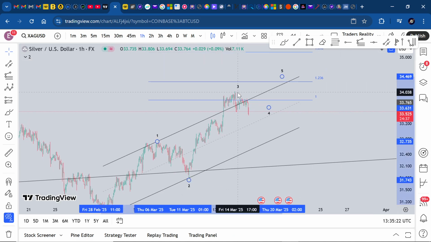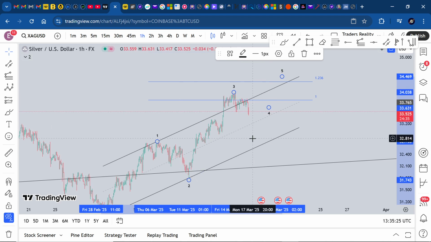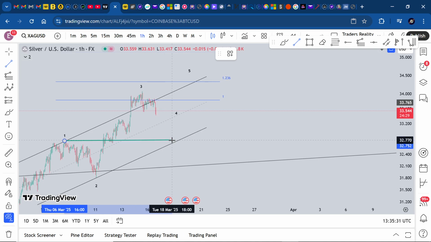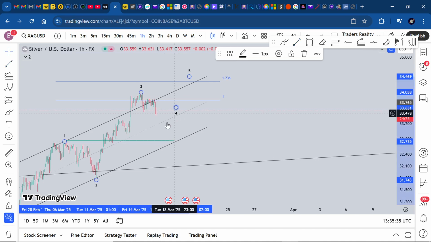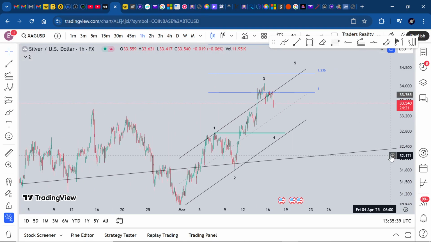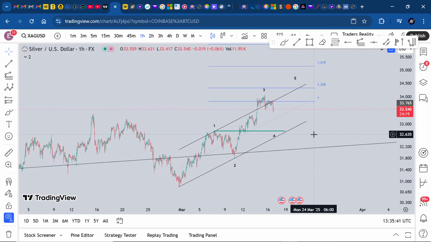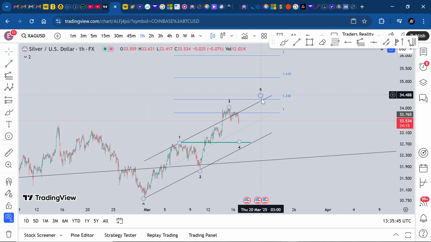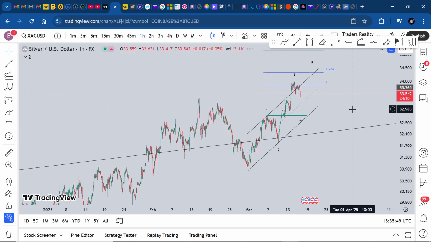What we could be doing here, if we were to come down and into this price territory here, that could still be a 4, but it's not a fourth wave in the impulse. It would be a potential diagonal in a 1, 2, 3, 4, 5, and then you'd expect a 3-wave decline before continuing higher.